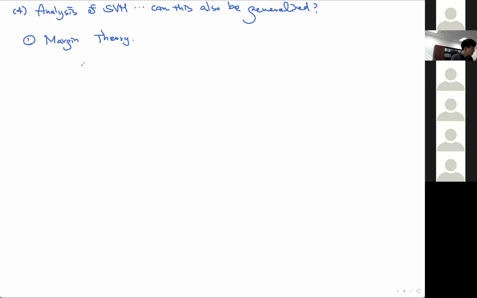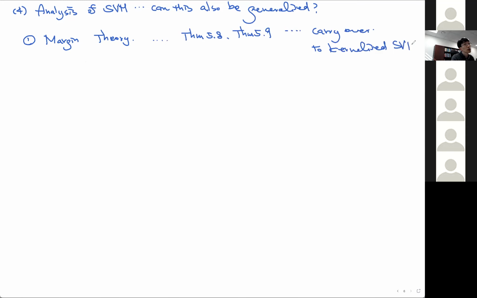That's the margin theory. The key theorems that we studied are Theorem 5.8 and Theorem 5.9. The message is that all these results carry over to normalized SVMs.